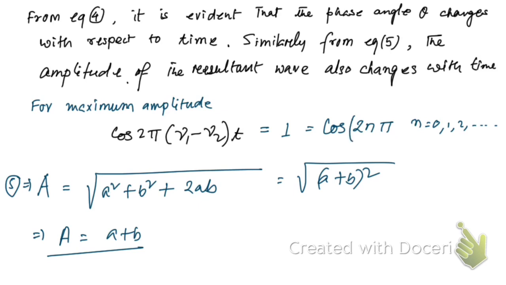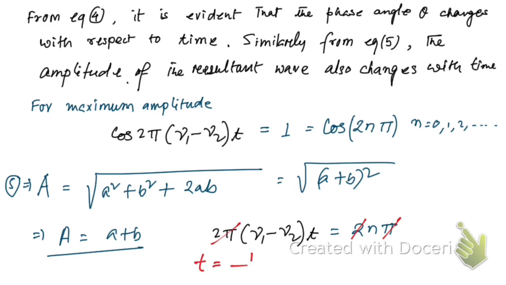Okay, so now you see, therefore this term must be equal to this term here. You see, 2 pi (nu 1 minus nu 2) into t must be equal to 2n pi, right? So the time when this amplitude will be maximum, that's going to be t equal to n by (nu 1 minus nu 2).